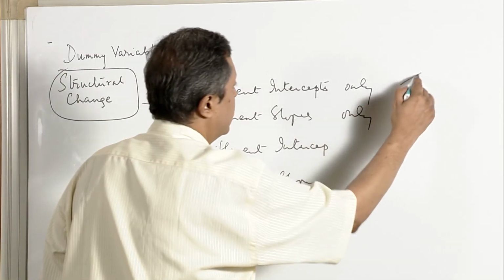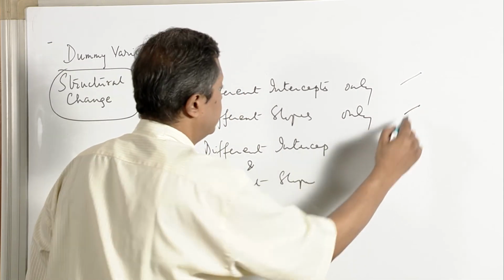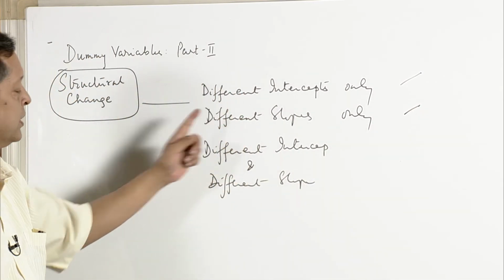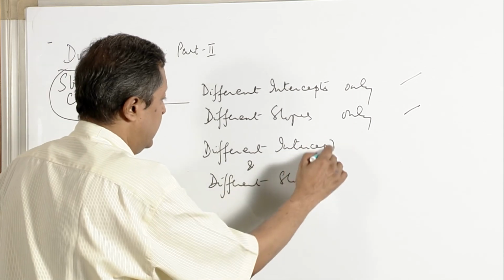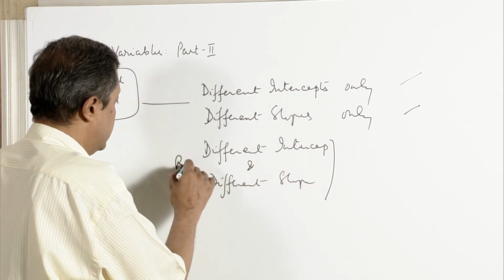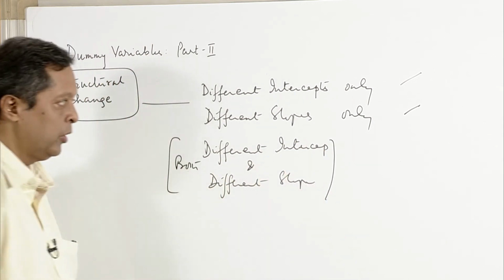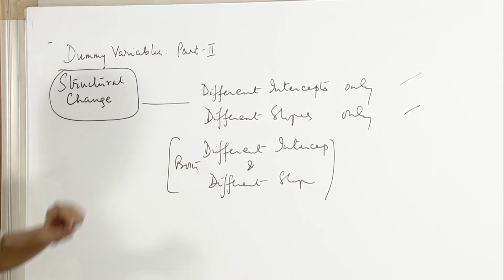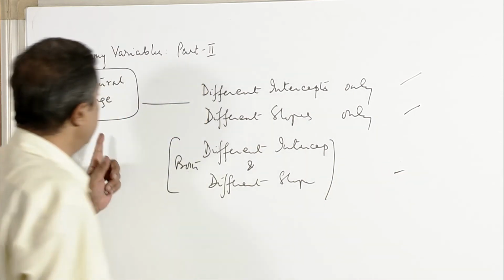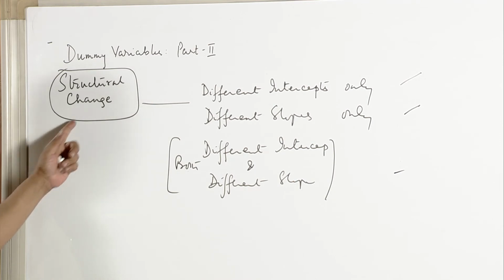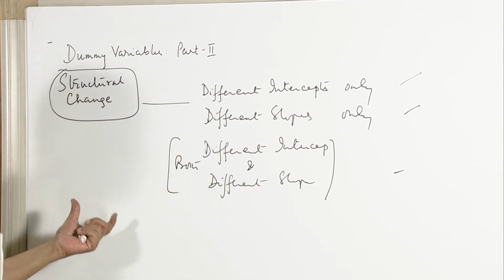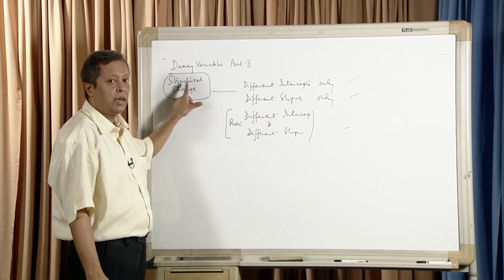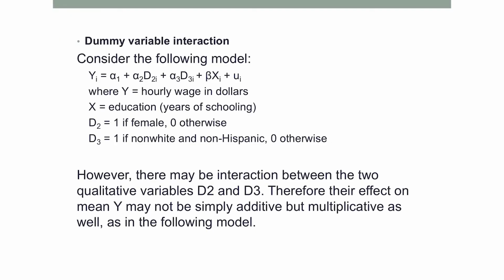These were covered in module 32: different intercepts, different slopes, and both different intercept and different slope have been covered in this module. So, together these three possibilities are called possibilities of structural change, and therefore, we have already actually used dummy variables to study structural change.